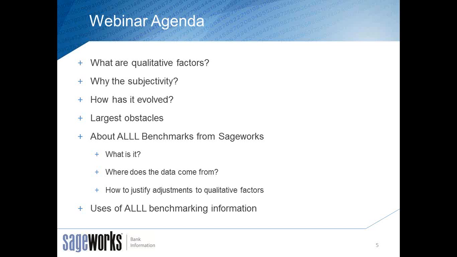And then the meat and potatoes of today's session will be how Sageworks has been able to aggregate ALLL benchmarks, including Q factor data, what it is, where the data comes from, and how to justify using your Q factor adjustments to the regulators and auditors, et cetera. And then finally, Rob will take us through how to use that benchmarking information to its fullest potential.